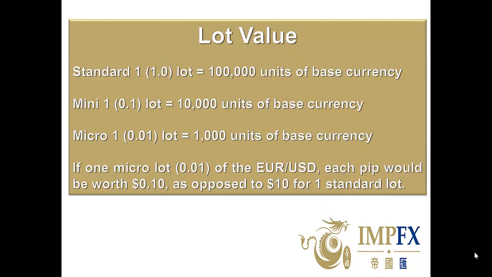So if you trade one micro lot, 0.01 of the Euro US, each pip will be worth 10 cents. As opposed to trading one standard lot, where the pip value is $10.